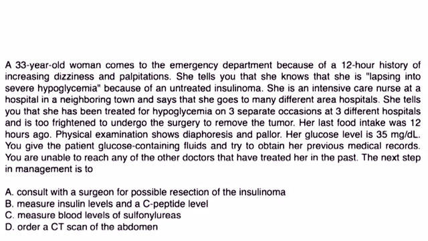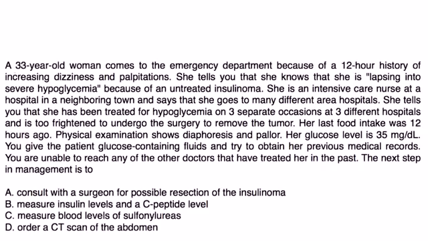So let's look at some clinical vignettes and see what this looks like. A 33-year-old woman comes to the emergency department with a 12-hour history of dizziness and palpitations. She tells you that she is lapsing into severe hypoglycemia because of an untreated insulinoma. She is an intensive care nurse at a hospital in a neighboring town, and she says that she goes to many different area hospitals.